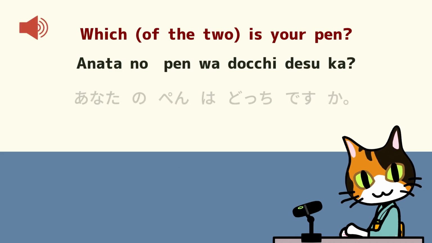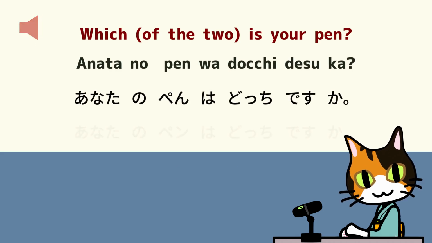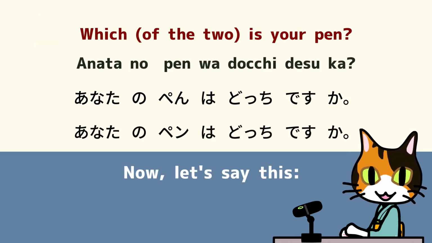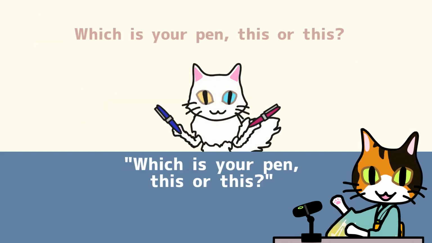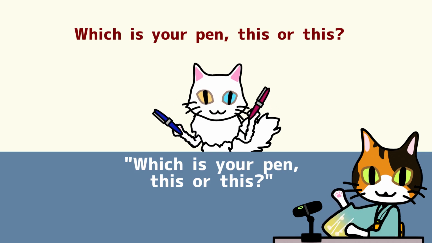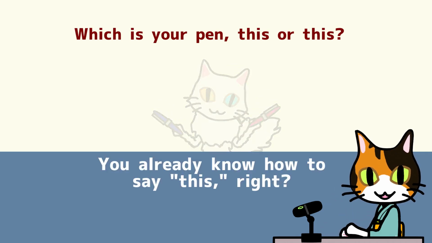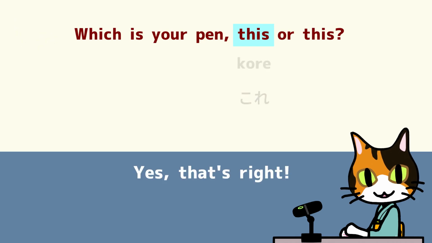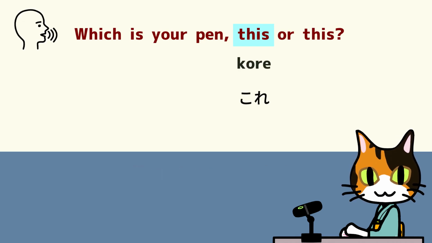Perfect. あなたのペンはどっちですか? Now, let's say this. "Which is your pen, this or this?" You already know how to say "this," right? Yes, that's right. これ.